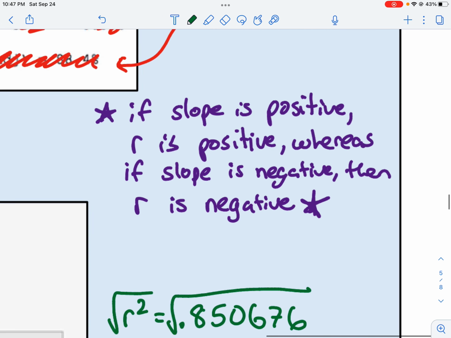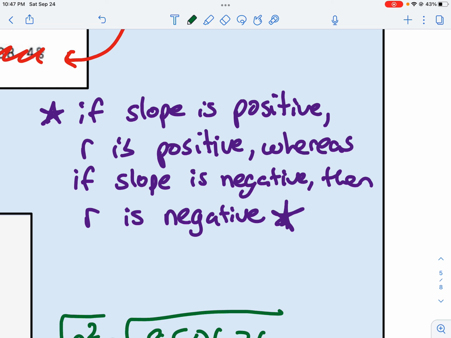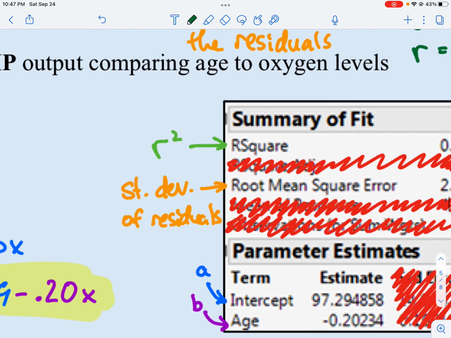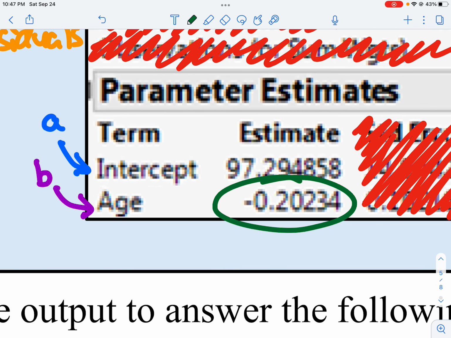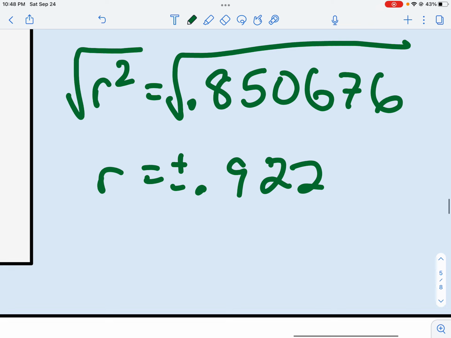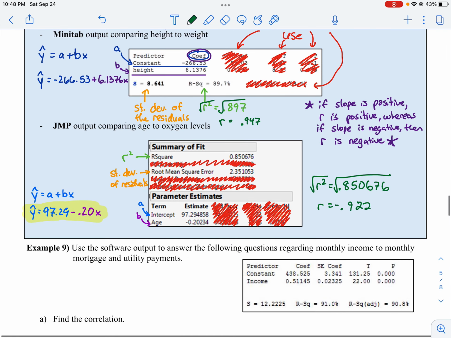And if I use this rule here in purple, if slope is positive, R is positive. If slope is negative, R is negative. Well, my slope was negative 0.20. Therefore, R is negative 0.922. There is a negative correlation. As X increases, Y decreases.